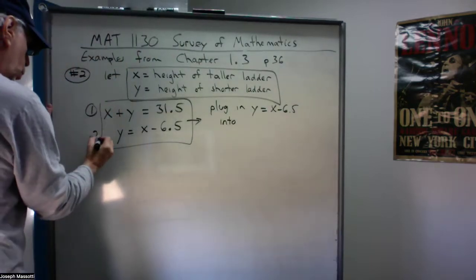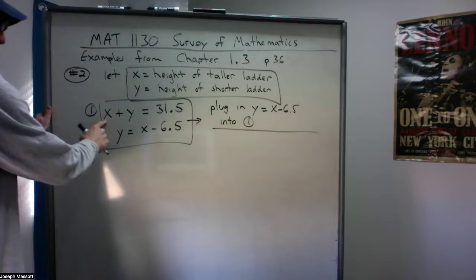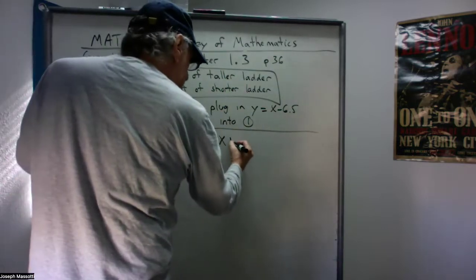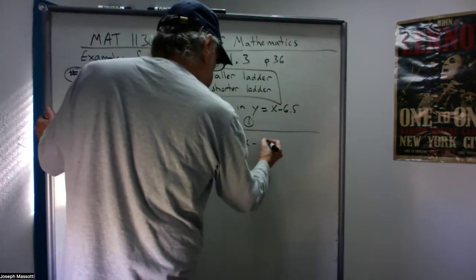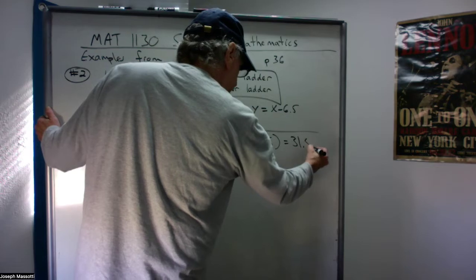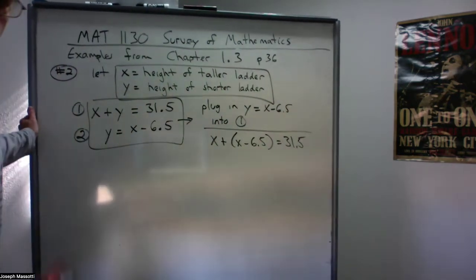I'll call this equation 1. Okay. So now instead of x plus y equals 31.5, I'm going to have x plus x minus 6.5, which is y, equals 31.5. Now I just have one equation with one unknown.